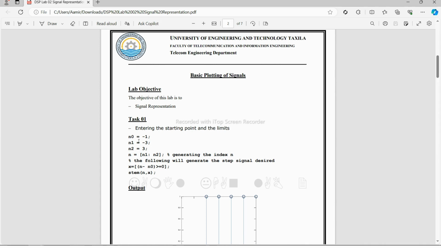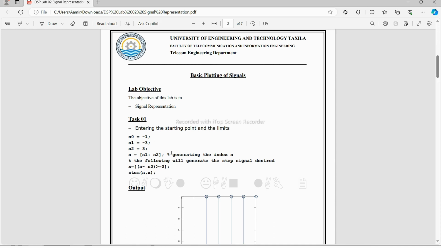The line x equals n minus n naught greater than or equal to 0 creates a step signal x, whose value is 1 when n minus n naught is greater than or equal to 0, and 0 otherwise. Finally, stem(n, x) plots the step signal x against the index using stem plots.